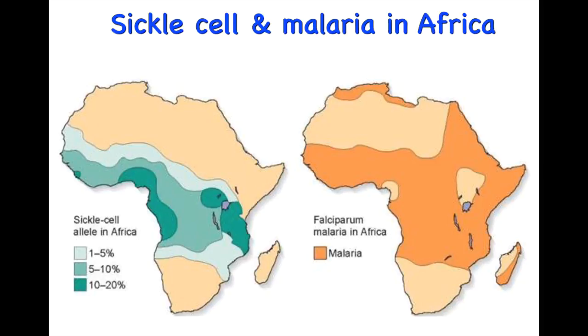So a sickle cell trait protects against malaria, so it gives you a survival advantage, which is why this mutation exists. In areas where malaria is common, 10 to 40% of the population carry this trait. So it shows preservation of a mutation that provides a survival advantage.